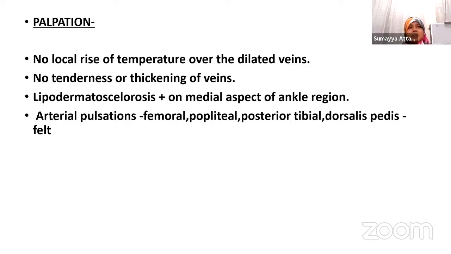These are the conditions. In a regular varicose vein, there was no need of increased temperature. As such, that point is unwanted here.